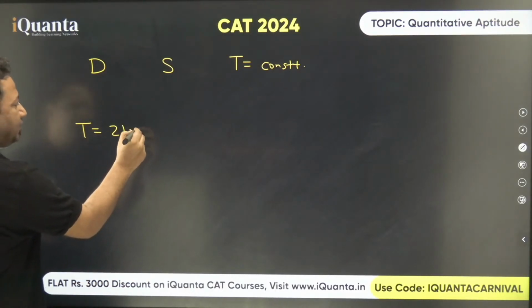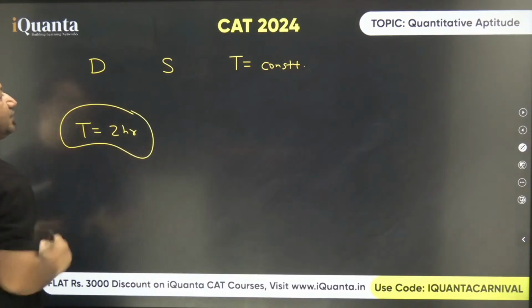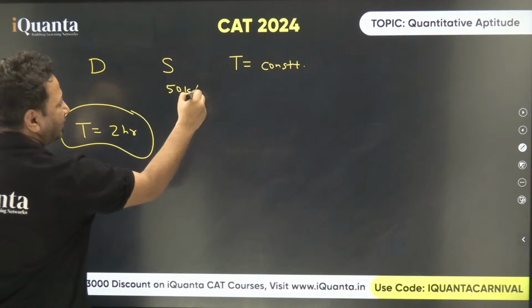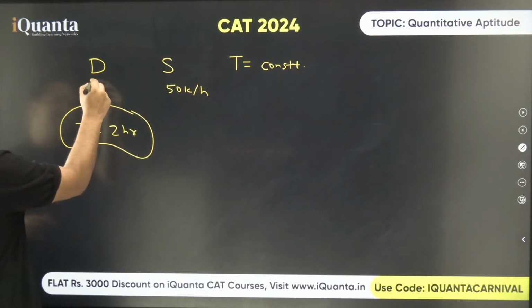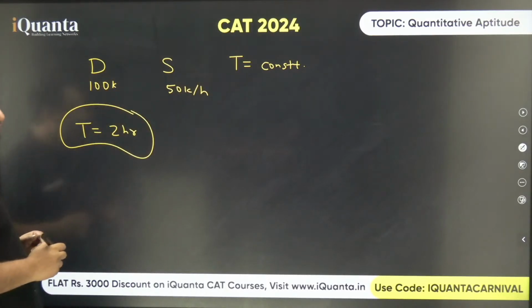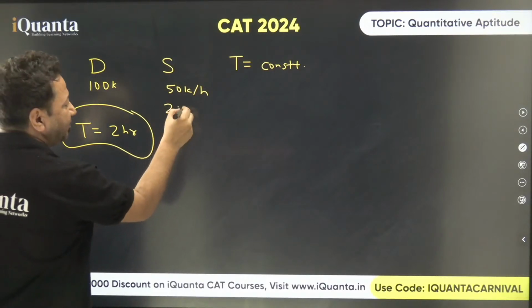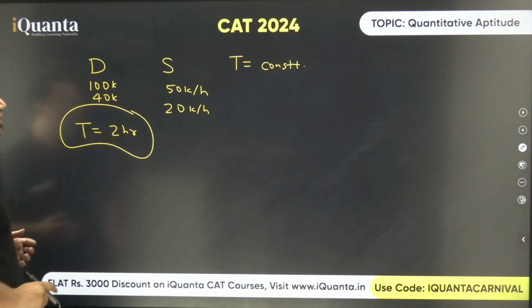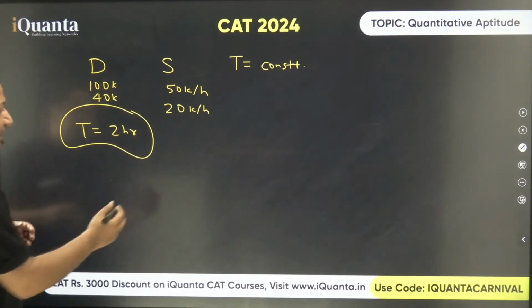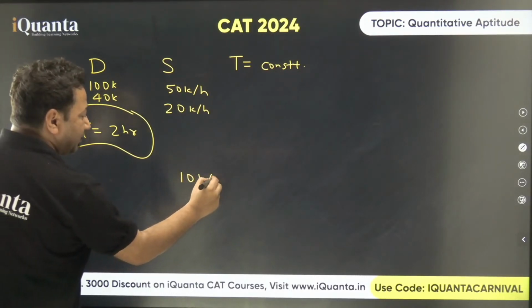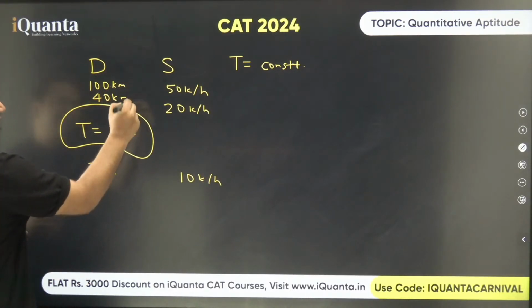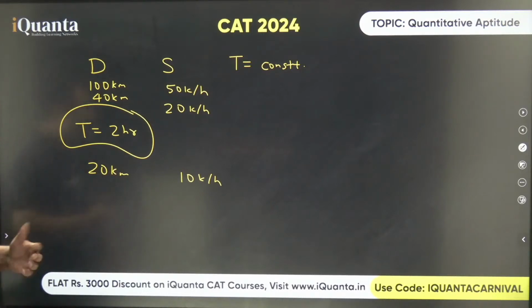So I have 2 hours for traveling. At a speed of 50 kilometers per hour, I'll be able to travel 100 kilometers, isn't it? At a speed of 20 kilometers per hour, I'll be able to travel 40 kilometers. If my speed is 10 kilometers per hour, I'll be able to travel 20 kilometers. That is quite obvious.